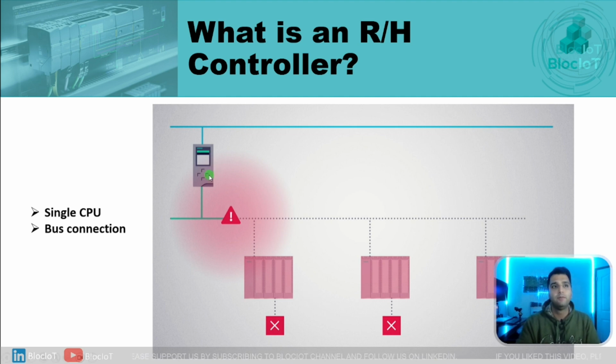In this example, we have a single CPU and a bus connection to some remote IOs sitting on the other side of the plant. But the problem with this architecture is that if something goes wrong with the bus, let's say there is a fault in this section, we will lose communication with all other components in the plant, which is really not good.